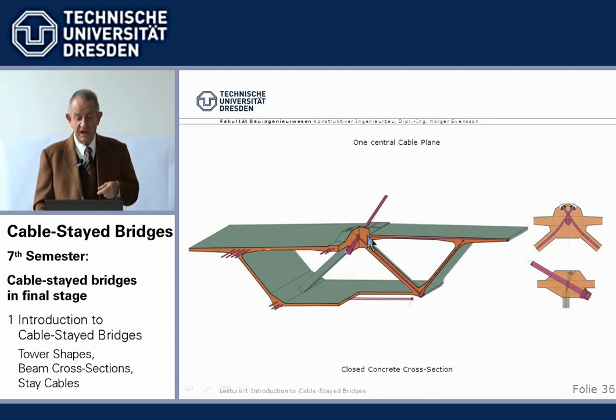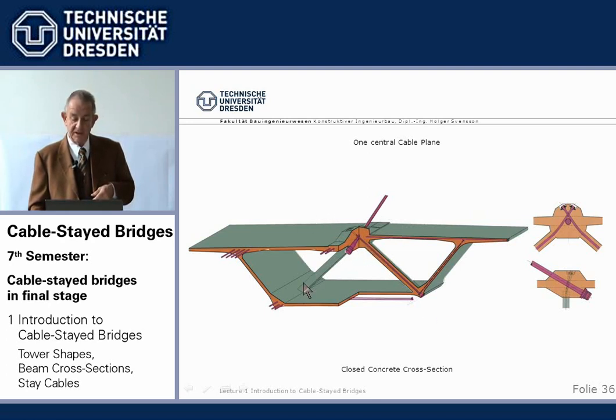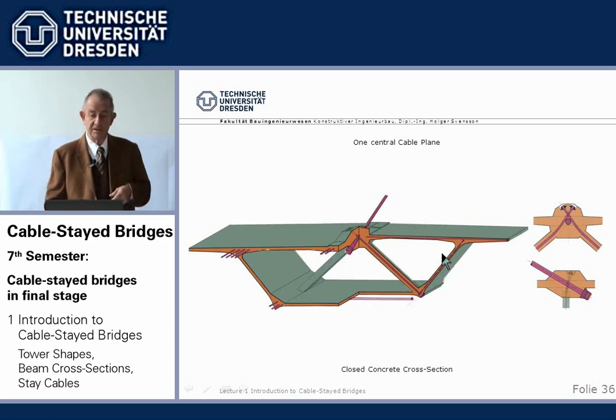I think the most elegant is what the French used first for the Brittany bridge, by having at every cable anchor point two diagonals to which the stay cables are anchored, and the diagonals are post-tensioned down to the webs, like shown here. And so we carry the vertical component from the stay cable via the two inclined struts into the webs. Very elegant solution.